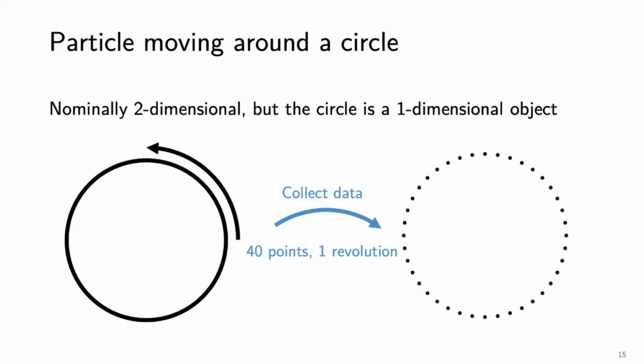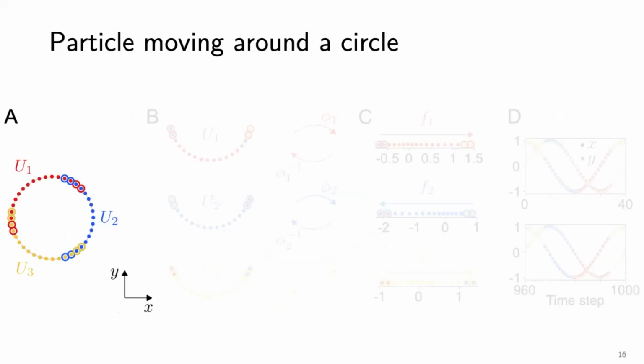So let's see how this works. We'll just follow our procedure step by step. The first step is to form overlapping patches of this circle data, and that's shown at the left here. We break up the circle into 3 patches, and this is done automatically with the k-means algorithm. You can see a red patch, a blue patch, and a yellow patch. We also make sure that these patches overlap with each other. Once we have each of these patches, we then train autoencoders for each of these patches to find a reduced representation.